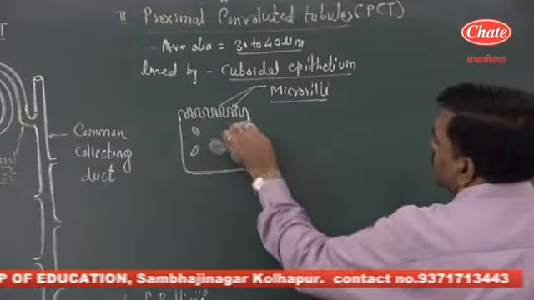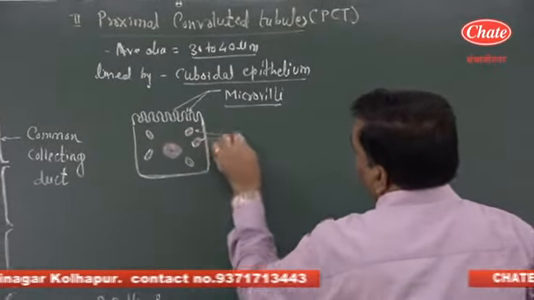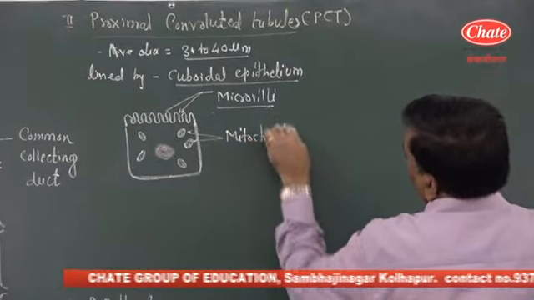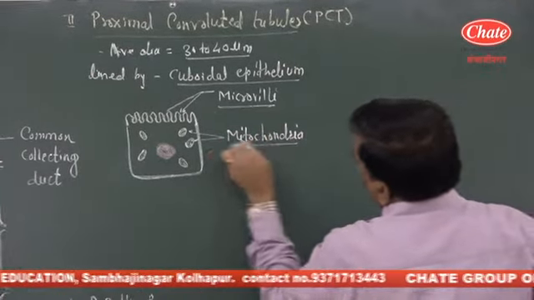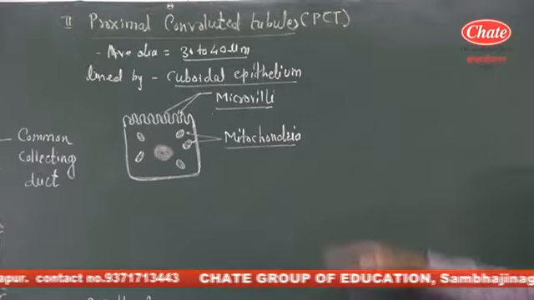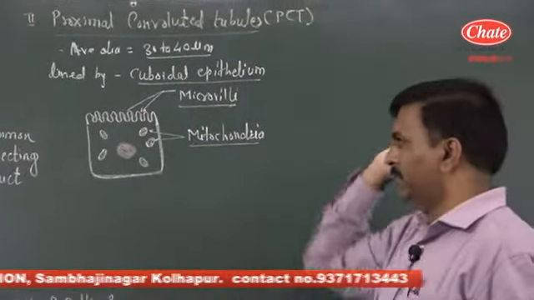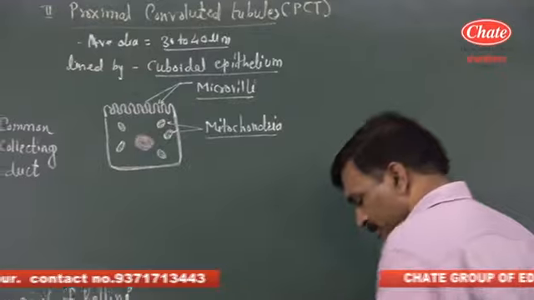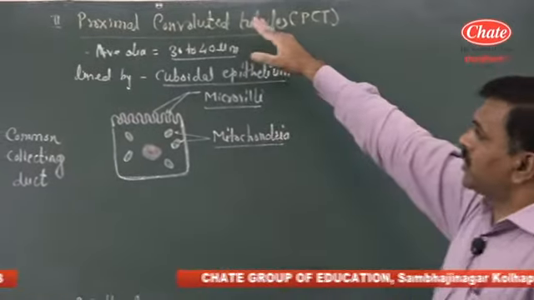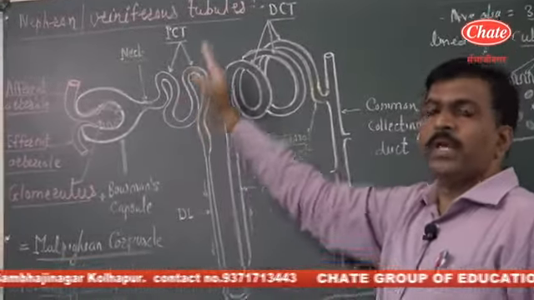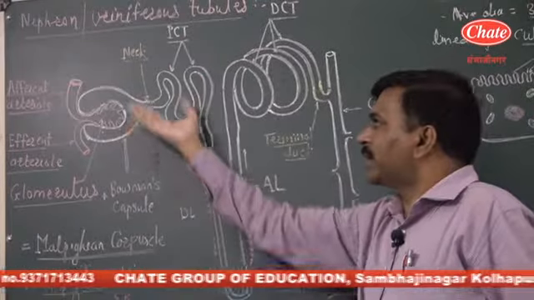So large number of mitochondria are present in the cuboidal epithelium. This is the peculiarity. So proximal convoluted tubule means the convoluted portion of the renal tubule lies in the anterior part of the renal tubule.